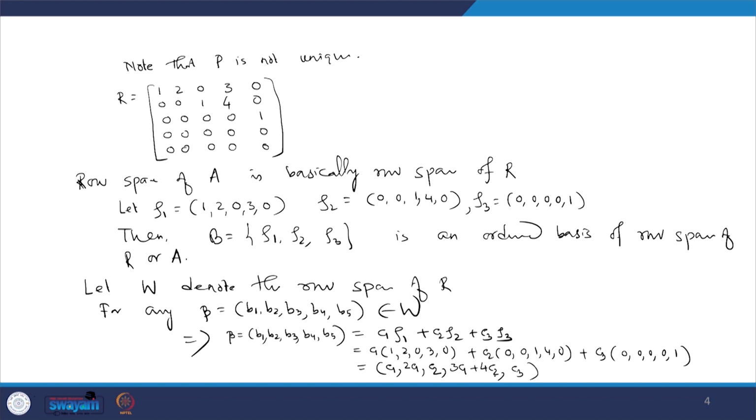Okay. So, the general element is of this form. This implies that I can immediately compare the coefficients from both sides. So, B1 equals C1, B3 equals C2 and B5 equals C3.